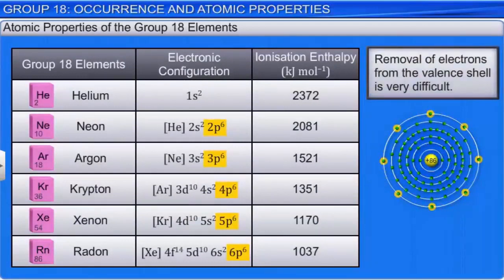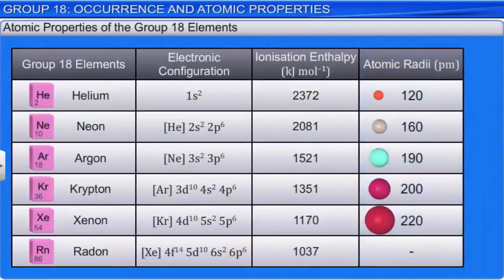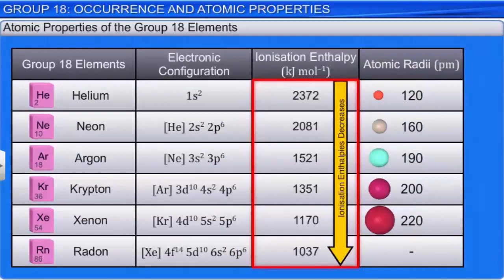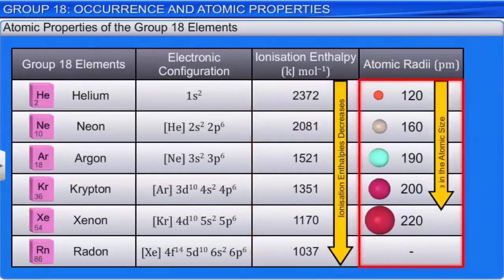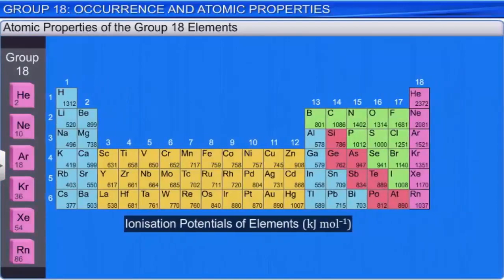However, you can see from the table that ionization enthalpies decrease gradually on descending the group with an increase in the atomic size. Note that the ionization enthalpy of a noble gas is the highest among the elements of the same period.